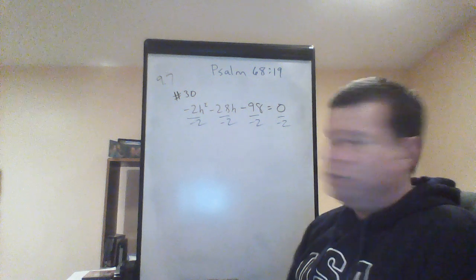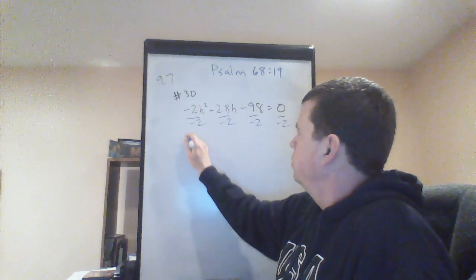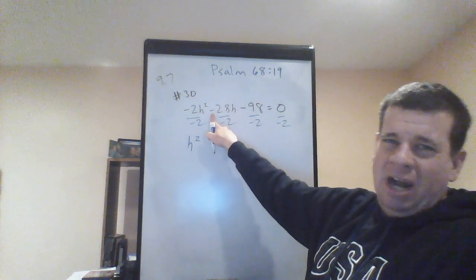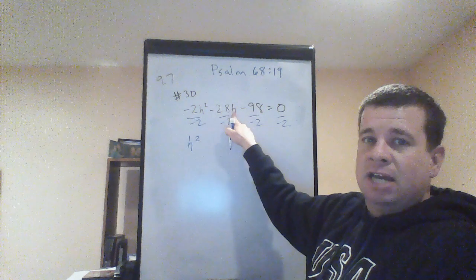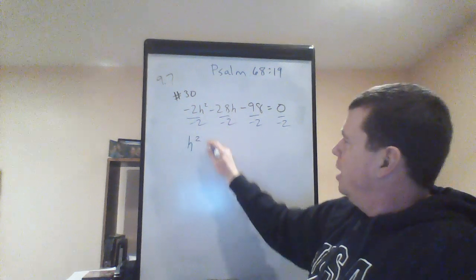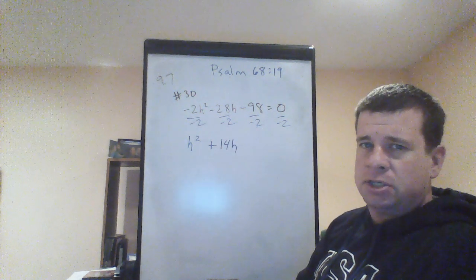So negative 2h squared divided by negative 2 gives me 1h squared. I'm reading this as negative 28h divided by negative 2. A negative divided by a negative is a positive, and that'd be positive 14h.